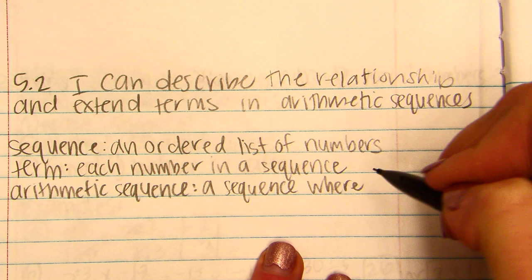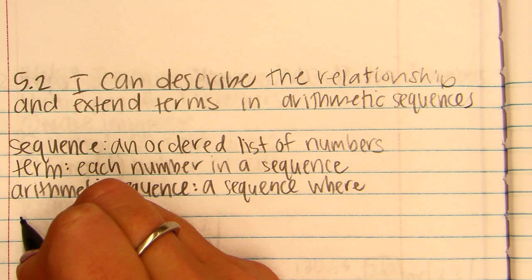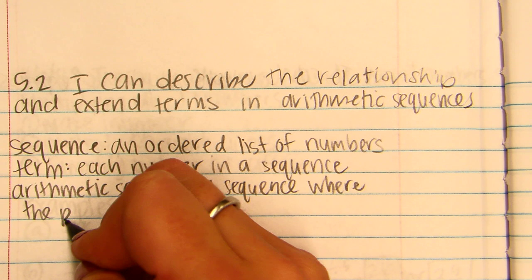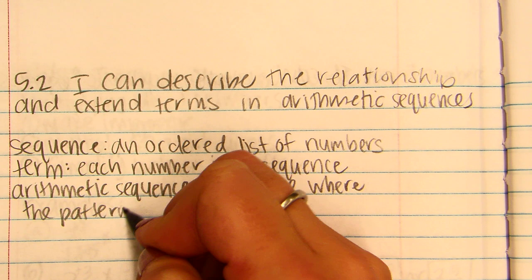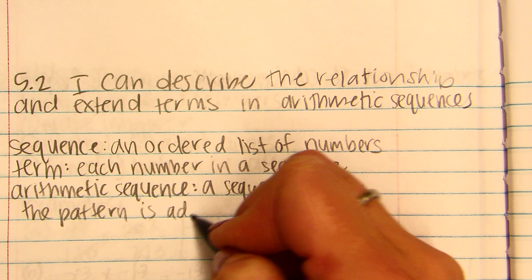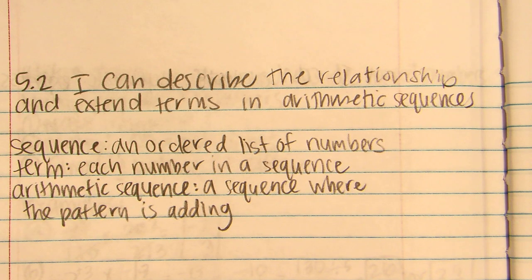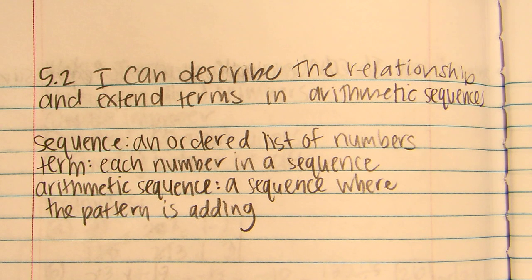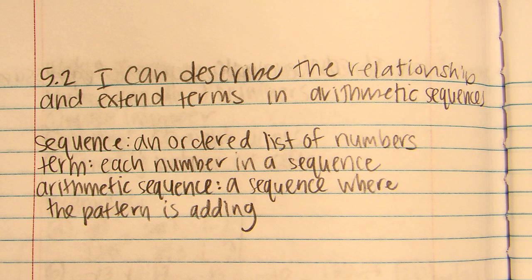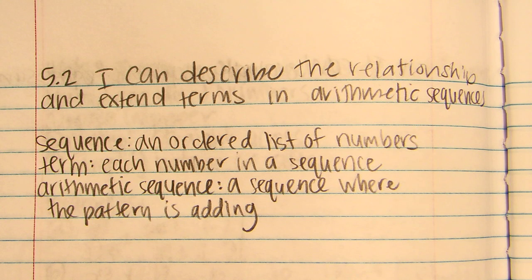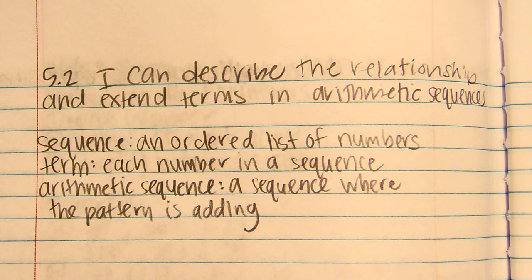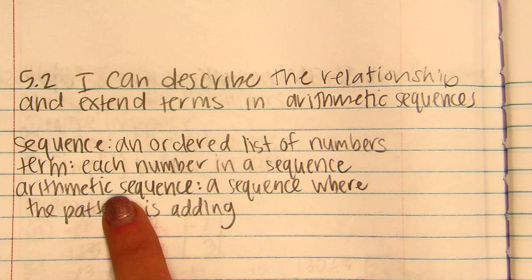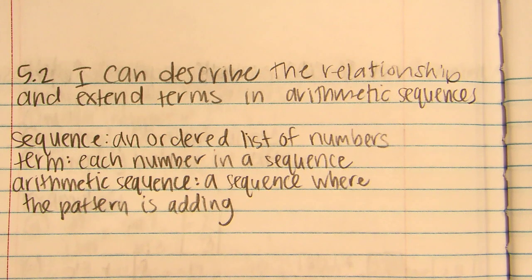So we're going to add the same number to each previous term to find the next one. If the pattern is adding 3, your sequence might be like 3, 6, 9, 12, 15, 18. We're adding 3 every time. So all of our sequences today are going to be arithmetic. That means the pattern is always an adding pattern.